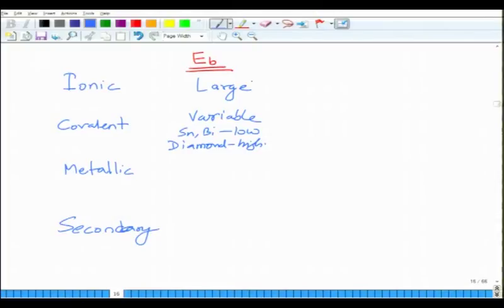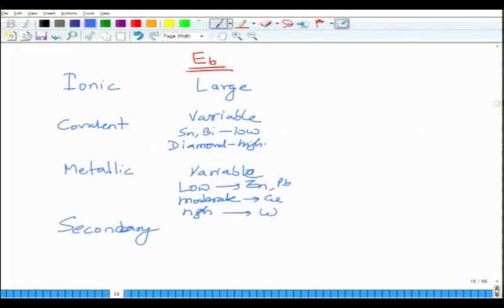For an ionic bond it is typically large, but there are some compounds like NaCl for which it is not very high. Metallic bonding is variable again: low, moderate, high. Low will be things like zinc and lead, moderate will be things like copper, and high will be things like tungsten.